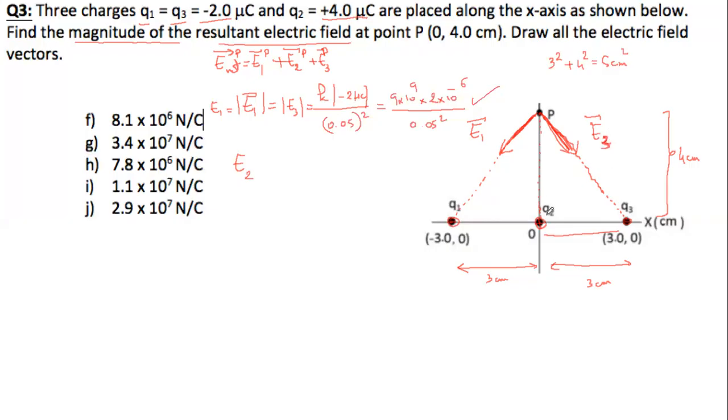Now, the magnitude of E2 will be just K, the absolute value of Q2, divided by the distance between Q2 and P, which is 0.04 squared. You can do the calculation if you want. Q2 is 4 times 10 to the power minus 6, and you divide by the distance.